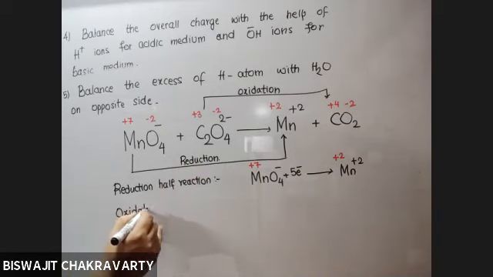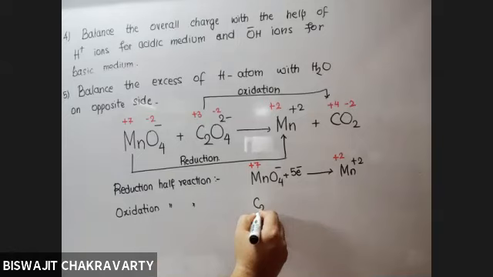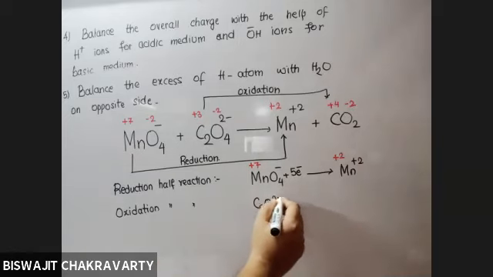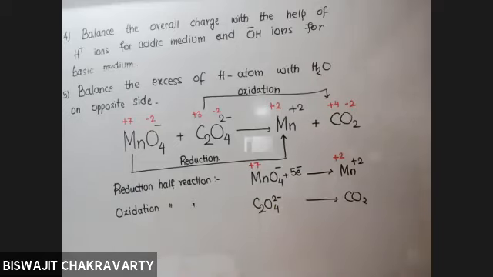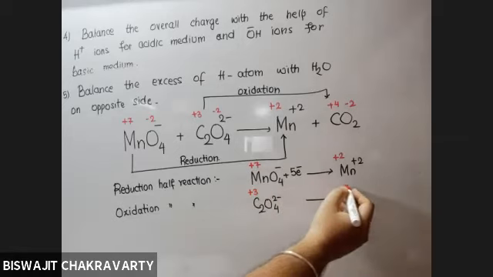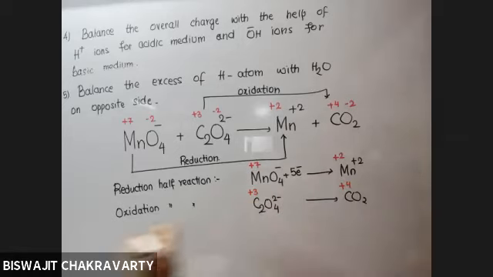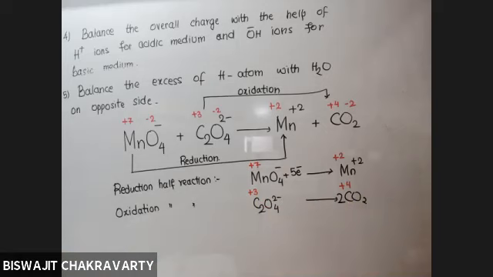Oxidation half reaction. C2O4 2 minus changing to CO2. +3 is changing to +4. But carbon atoms are not balanced, isn't it? Put 2 here.